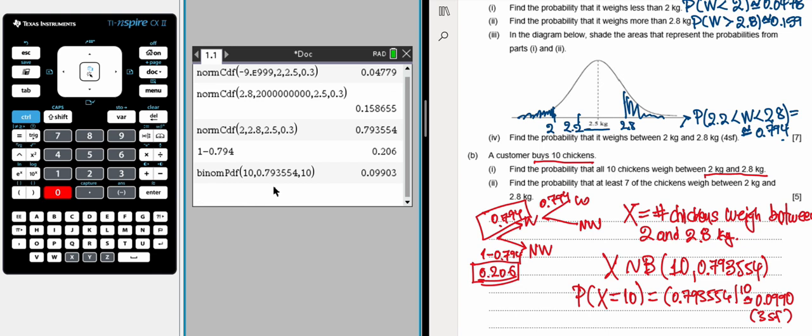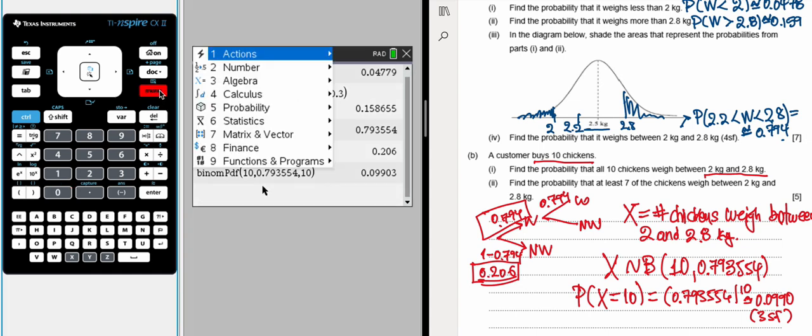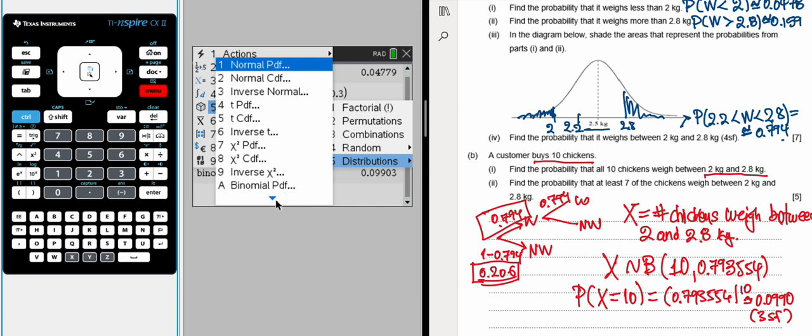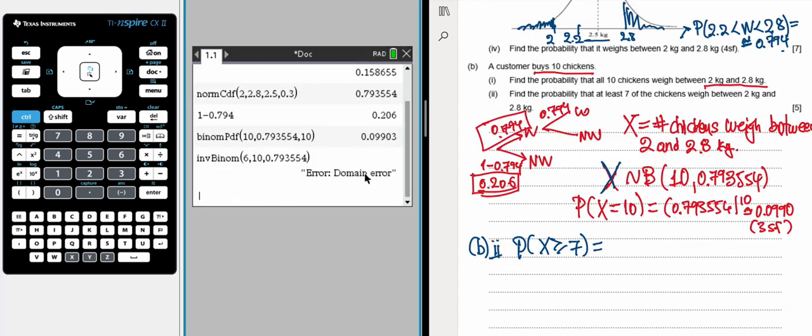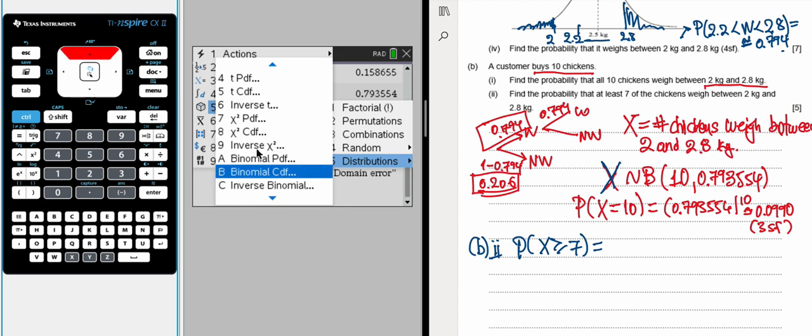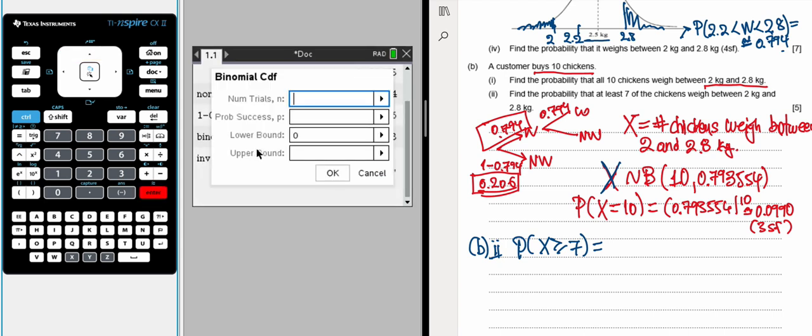Finally, for the last question, you're going to need the normal CDF, I'm sorry, not the PDF, the binomial CDF, because we want for bigger than 7. So menu, then probability, then distributions, and then we go all the way down to the end. Let me be a little more careful: twice I ended up with the inverse binomial, and we don't want that. We want the CDF.